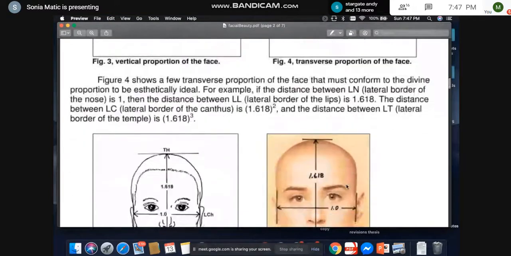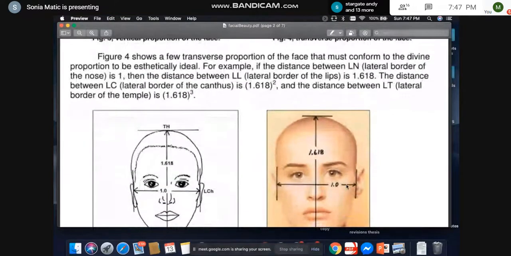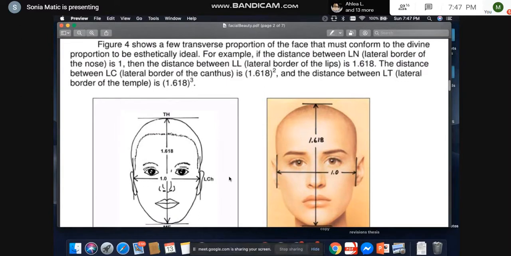So figure 4 shows a few transverse proportions of the face that must conform to the divine proportion to be aesthetically ideal. For example, if the distance, this LN, the lateral border of the nose, is 1, then the distance between the lateral border of the lips is 1.618.